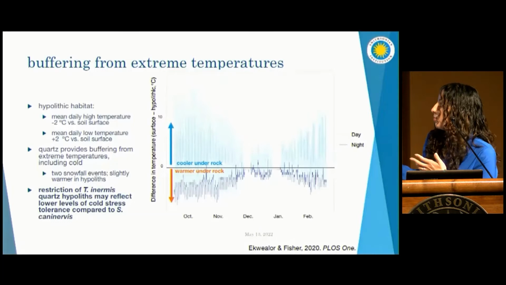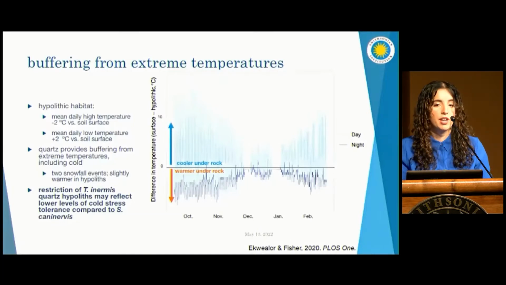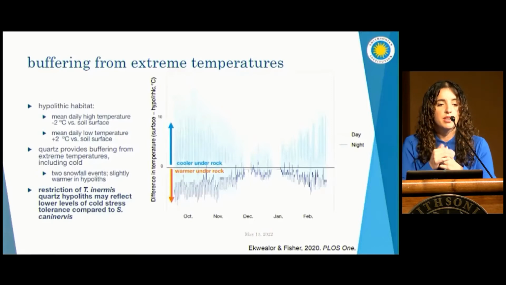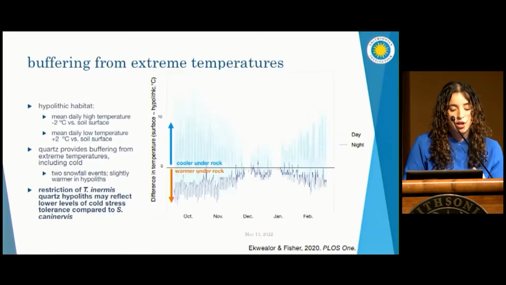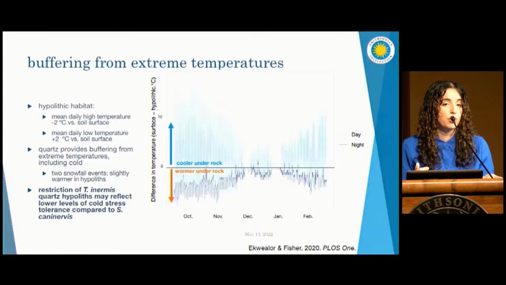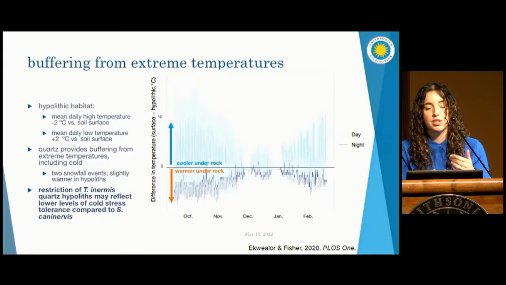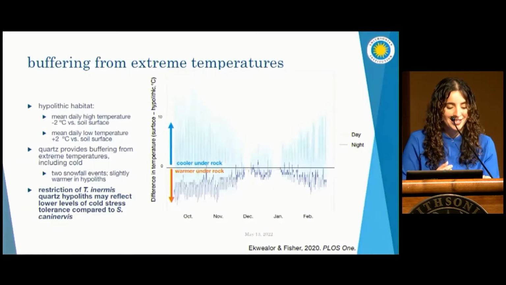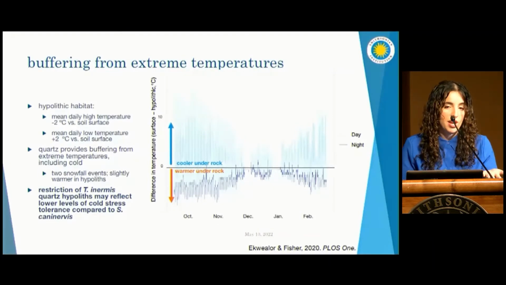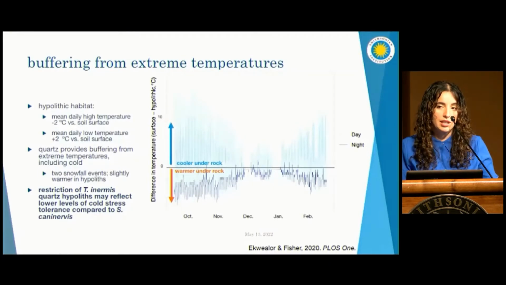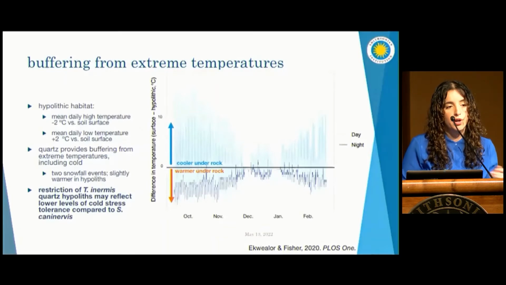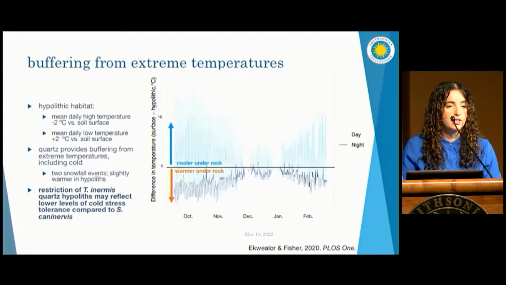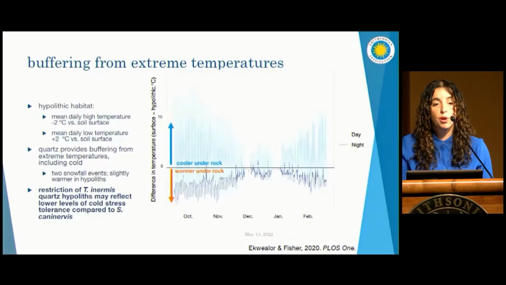So what this tells me, first of all, is there's a buffering effect happening, that the extremes are dampened a bit with temperature, and also the restriction of Tortula inermis might not actually be so surprising, because if this plant is found normally at lower elevations where it's warmer, the rock actually provides a fair amount of protection from cold, it seems.